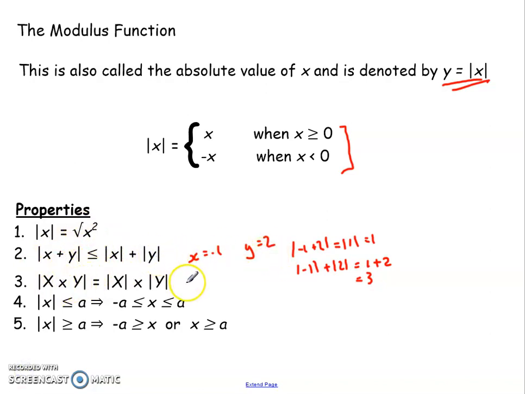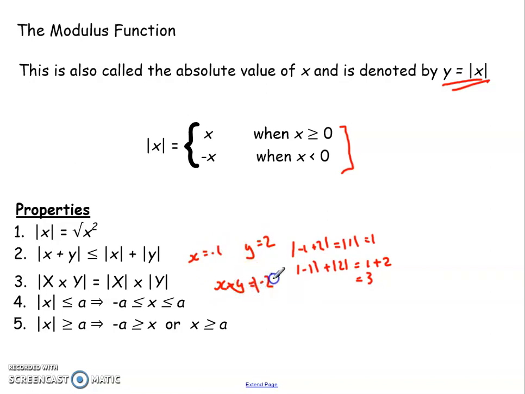The third property I can then associate with a magnitude function is this here, that if I take x times y, calculating the magnitude of it, that's the equivalent of doing magnitude of x times the magnitude of y. So let's stick with x being -1, y equal to 2. If I do x times y, I do -1 times 2, so I get -2.